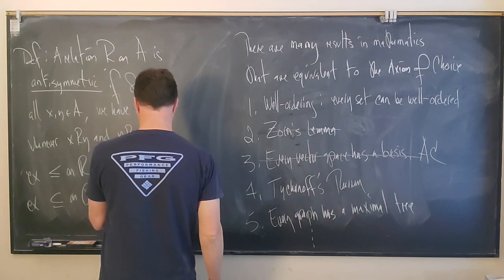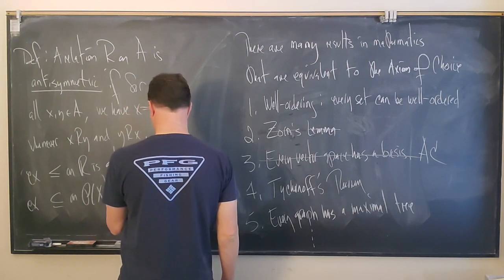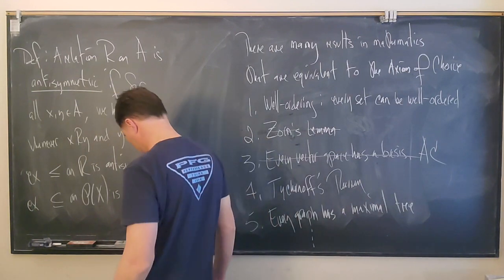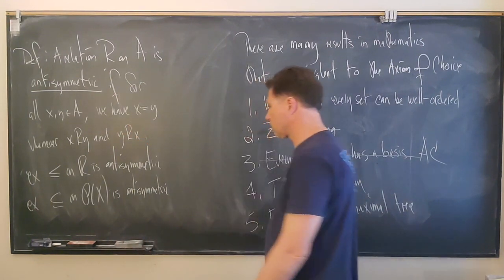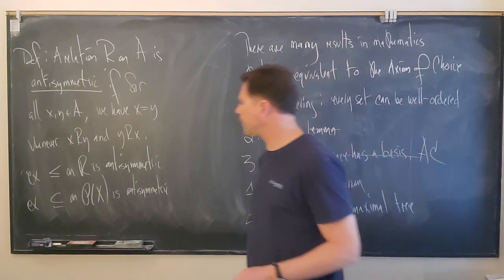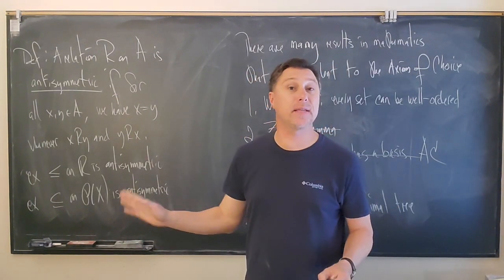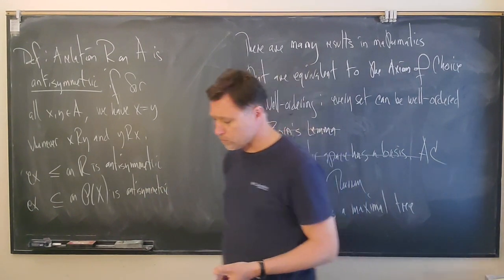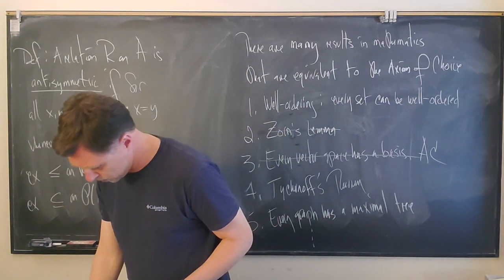And so what are we saying there? We're saying anytime you know that A is a subset of B and B is a subset of A, then you conclude that A is equal to B. All right, so that's antisymmetry.